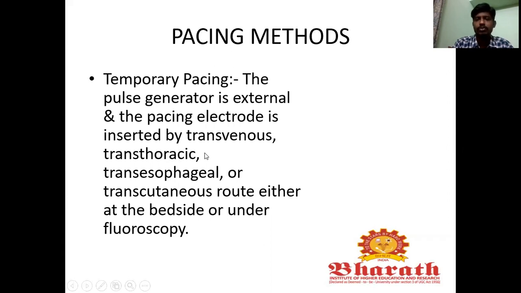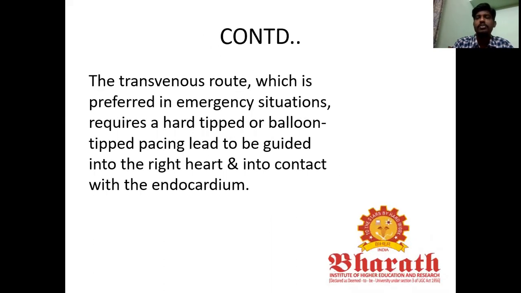What are the pacing modes? Temporary pacing: the pulse generator is external and the pacing electrode is inserted by transvenous, transthoracic, transesophageal, or transcutaneous route. Based on selection, the temporary pacing method can be inserted either at the bedside or under fluoroscopy.